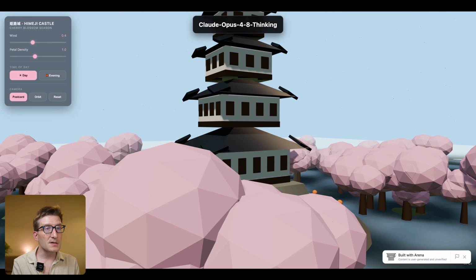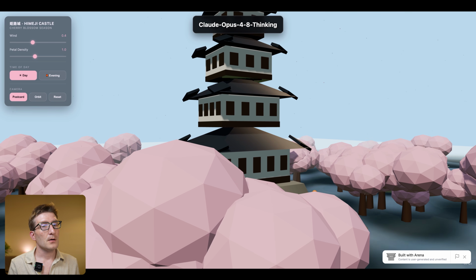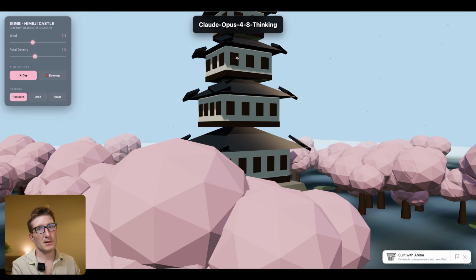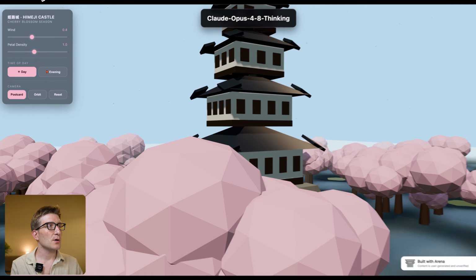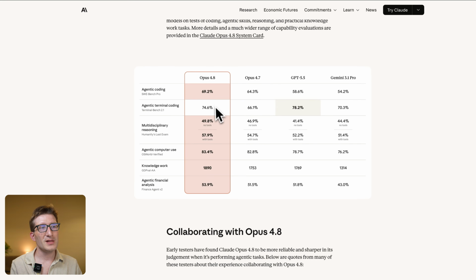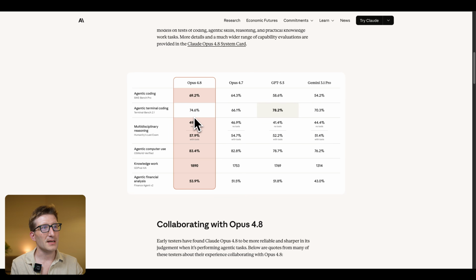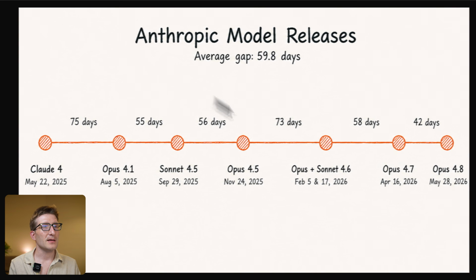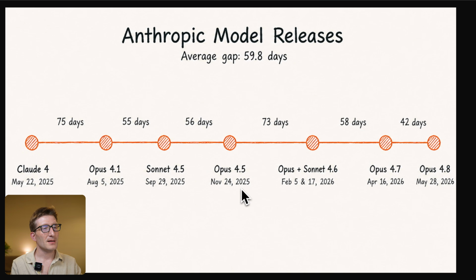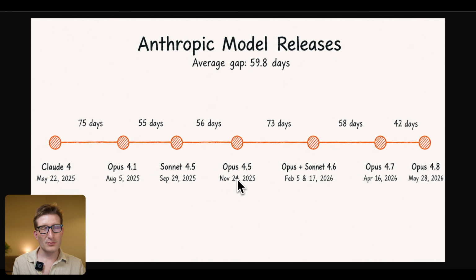Then in terms of the model specifically, what I wanted to see is whether there is meaningful improvement that really warrants this, and do these numbers describe it in the right direction? I'm not sure it's that big of a jump, but certainly once you look at this, we go back to November 2024, the really important release of Opus 4.5, until now, we had maybe 150 days or something.